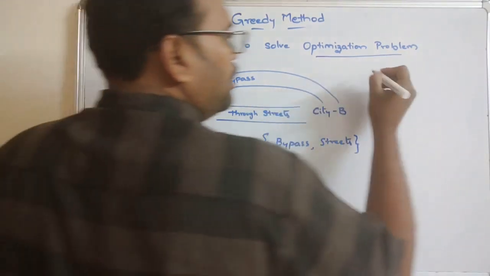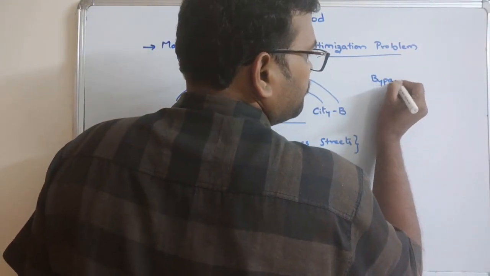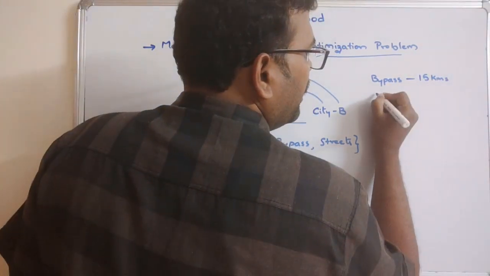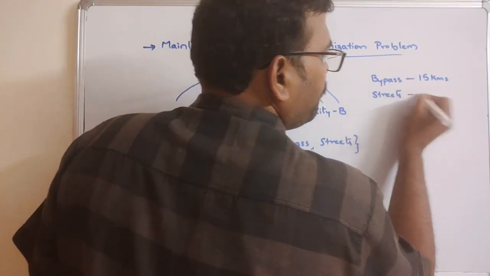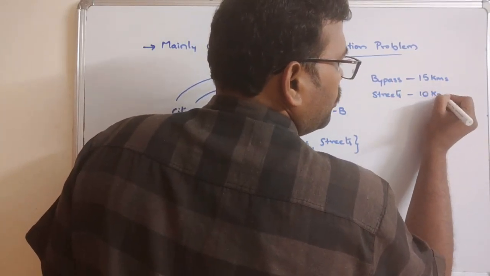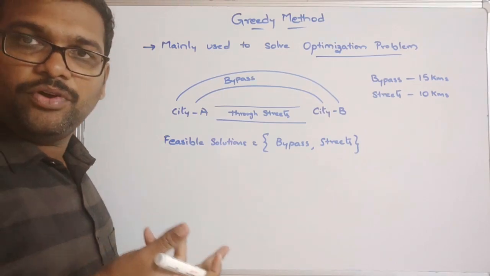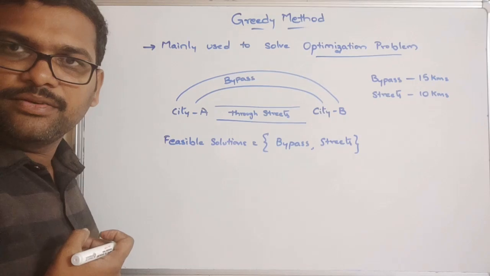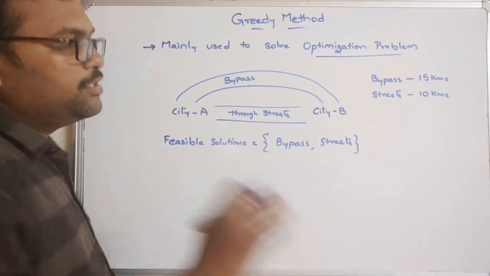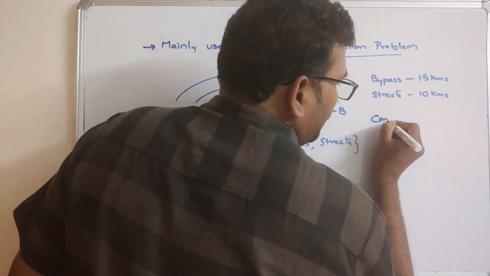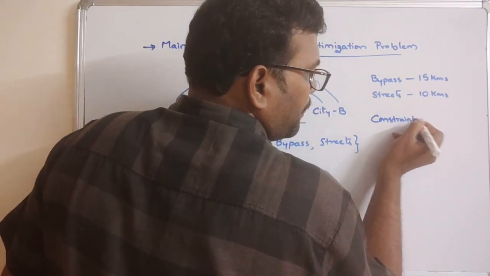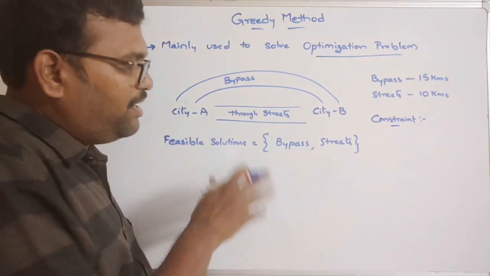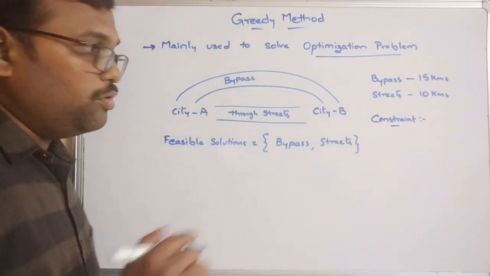For example, if we use the bypass, let us consider some 15 kilometers, and if you use streets, let us assume 10 kilometers, the distance. Now, which path do we need to select? Consider a constraint. Based upon the constraints, we are going to select either the bypass or the streets.